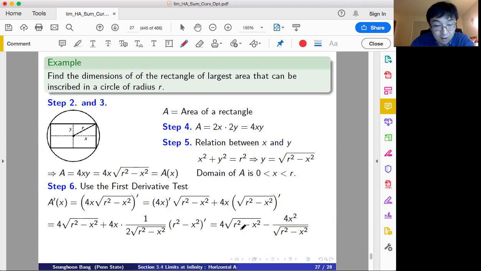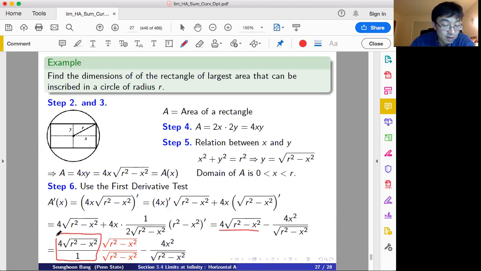So next, combine. This is exactly the same as 4 times the square root of r squared minus x squared over 1. You can make a common denominator, so multiply top and bottom by the square root of r squared minus x squared. Same, you can keep the 4.